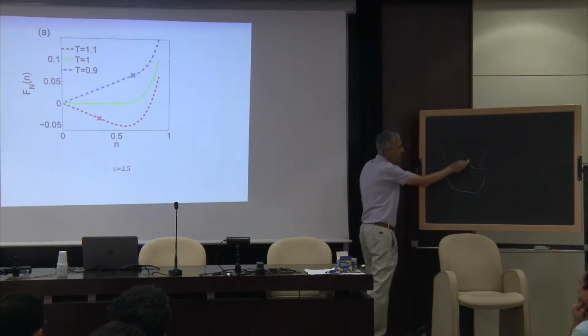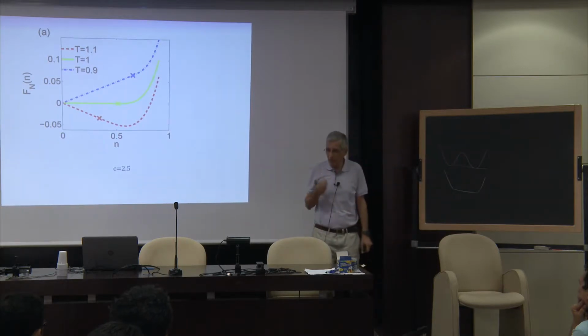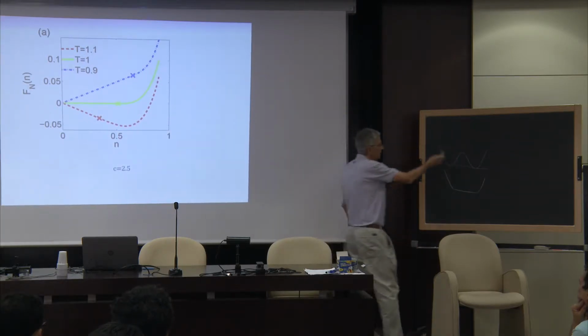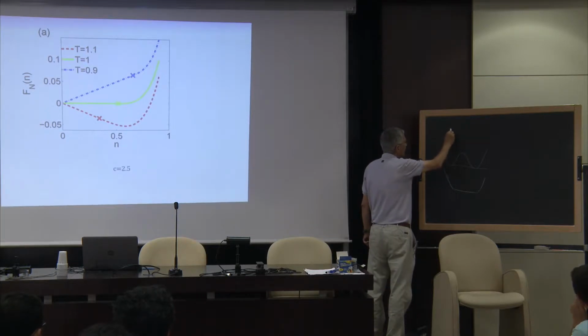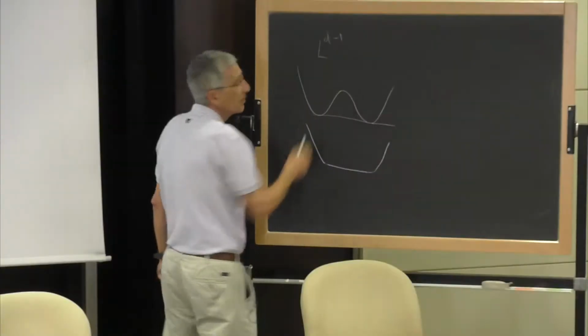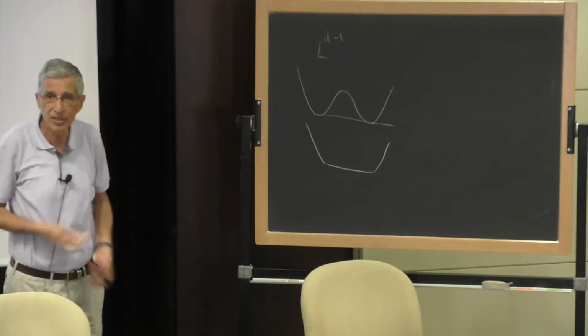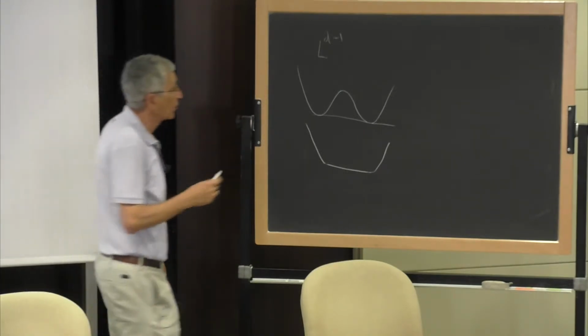Now there is a barrier here. The barrier typically in a first order transition in a system like that goes like L to the power d minus 1, if you have a system of size L in d dimensions. Why?